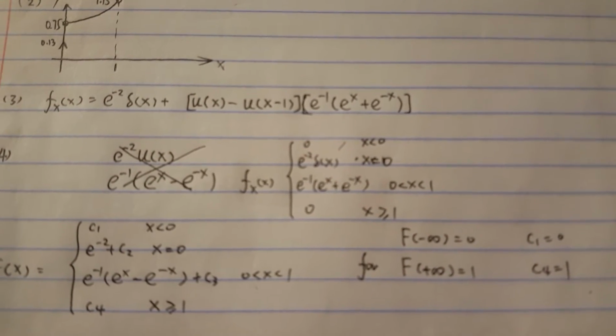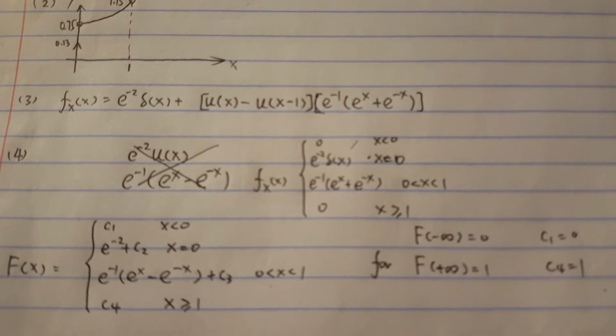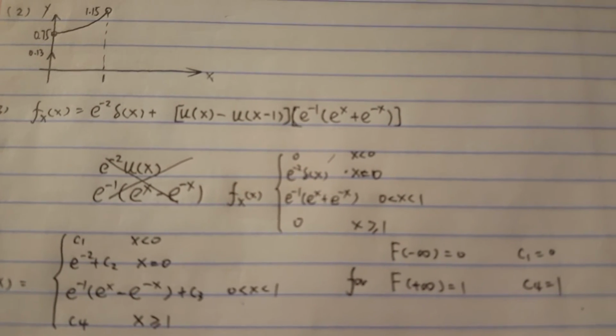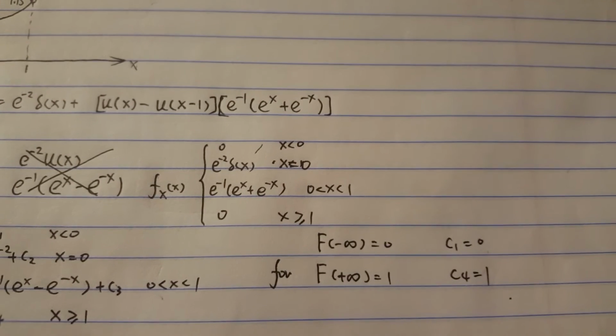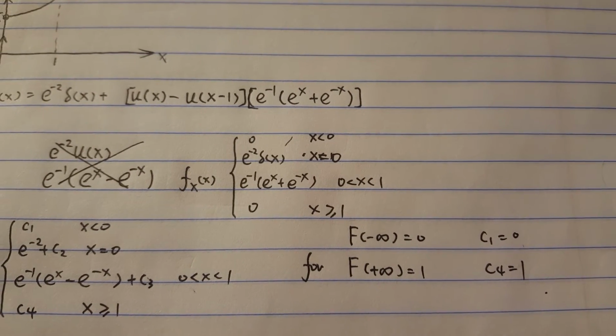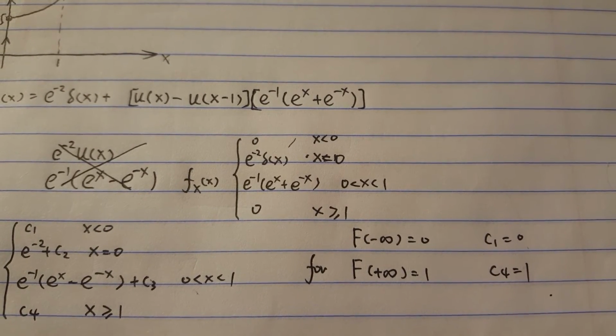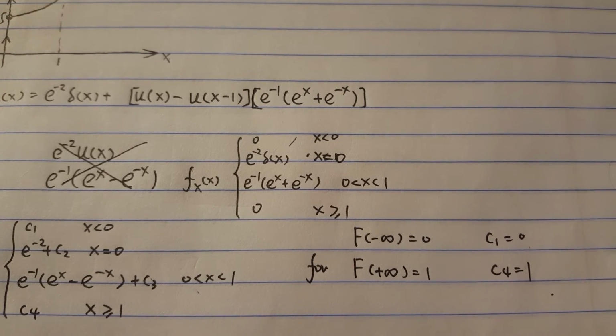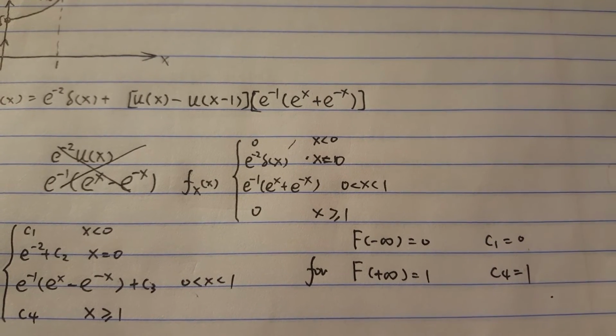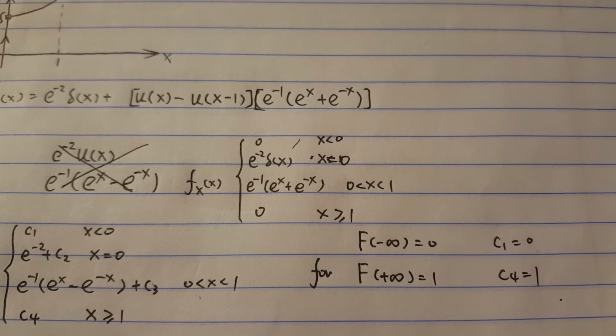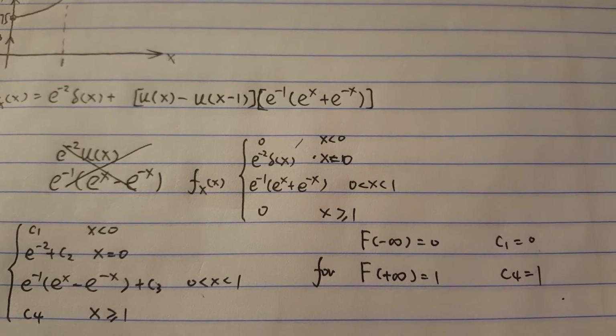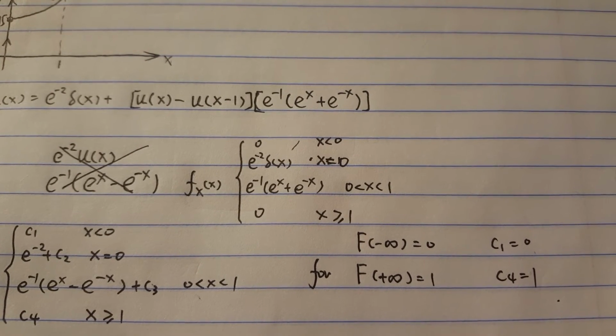Also, we know that capital F of x is right continuous, and capital F of x at minus infinity is equal to 0, and at plus infinity is equal to 1.